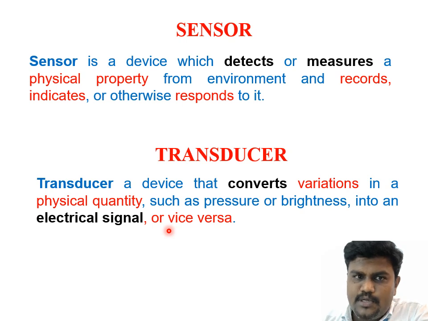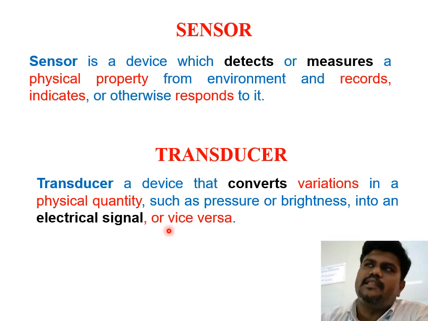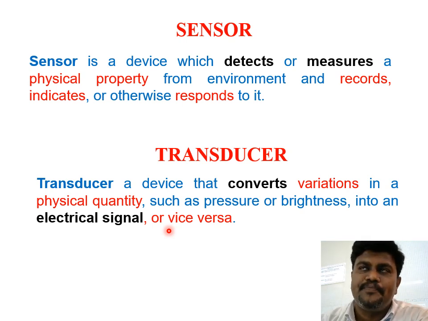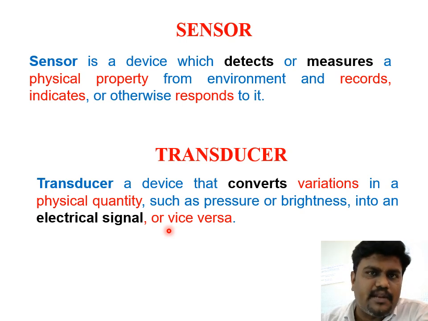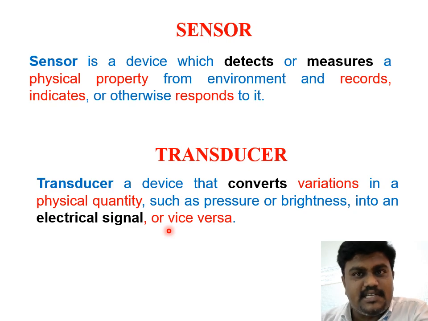So if you want to change the measured value into some sort of electrical signal which you could see as an output in an electronic device or electrical system, you definitely will need this sort of instrument called a transducer. So basically a sensor is a measuring device and a transducer is a device which converts that measured signal into an electrical signal, right?